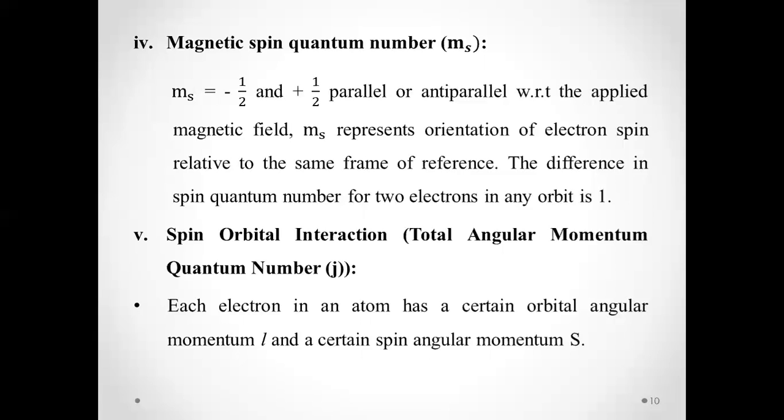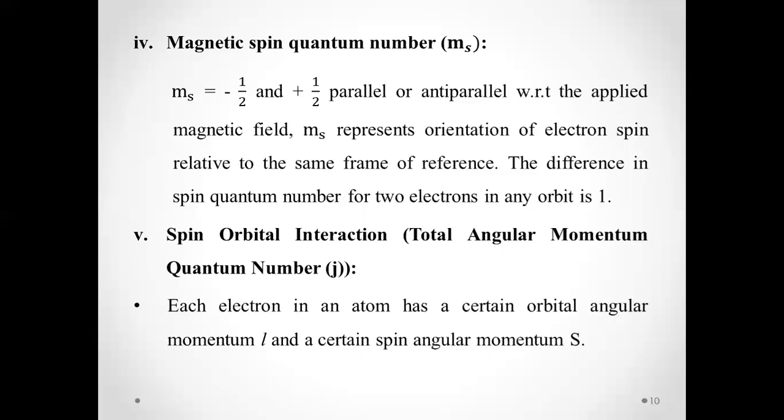Coming to the last quantum number, that is the quantum number related to spin orbital interaction, which is called the total angular momentum quantum number, represented by small j.